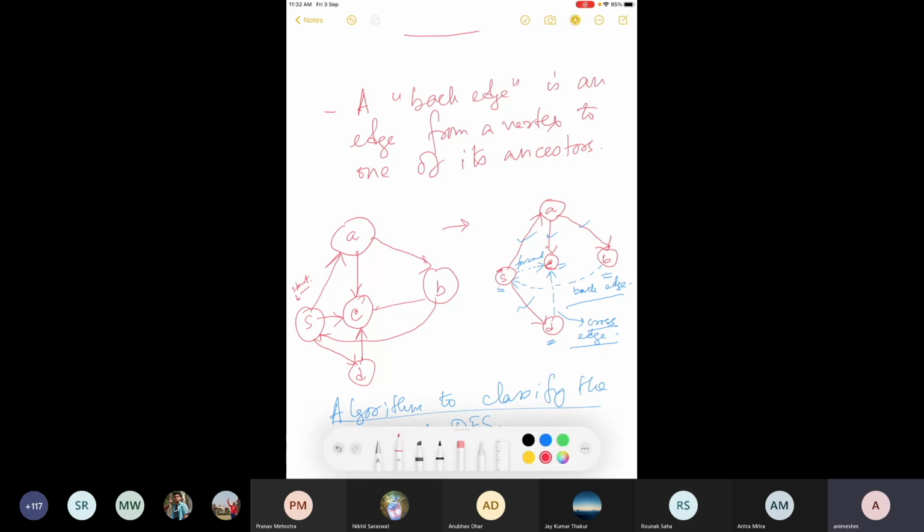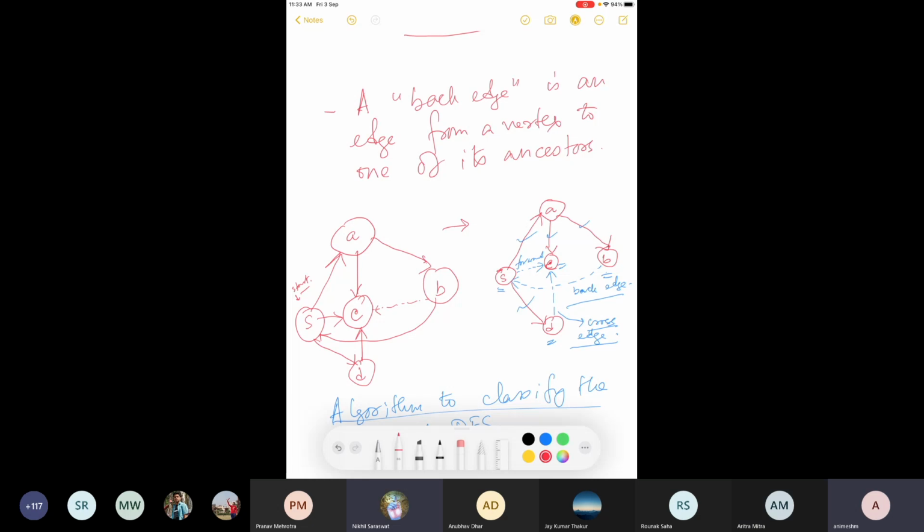If there is an edge like this, right? Yes, sir, that's my question. So what edge would it be? A forward edge?